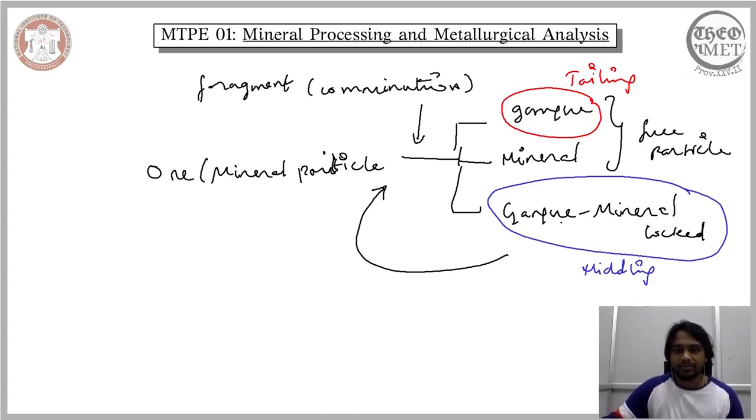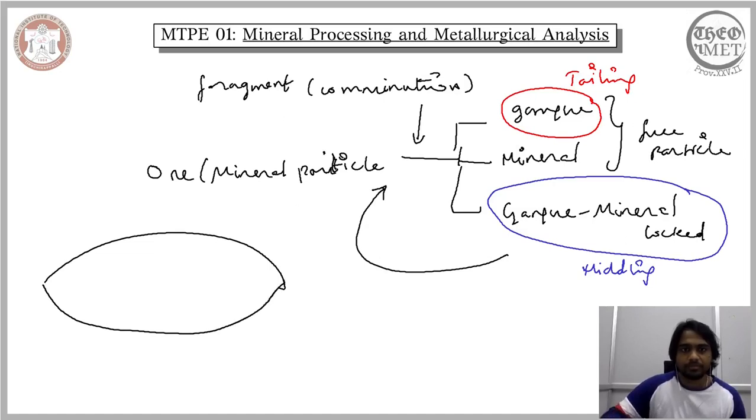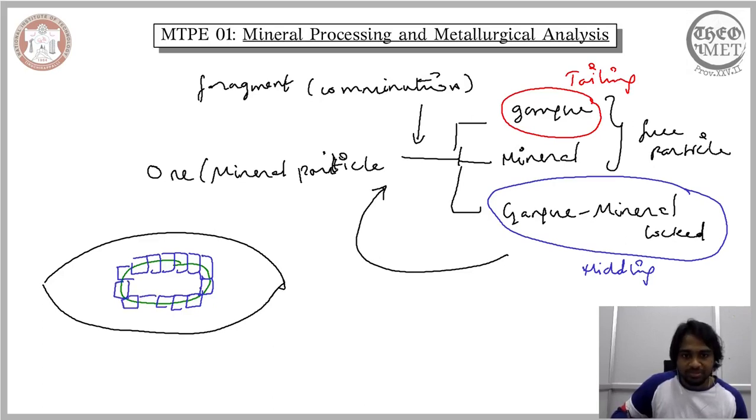So what we mean by that is, when you consider the overall particle that encloses our desired mineral, the particles which have the combination of mineral and gangue will be subjected to a subsequent comminution. So only these particles will be subject to subsequent comminution.